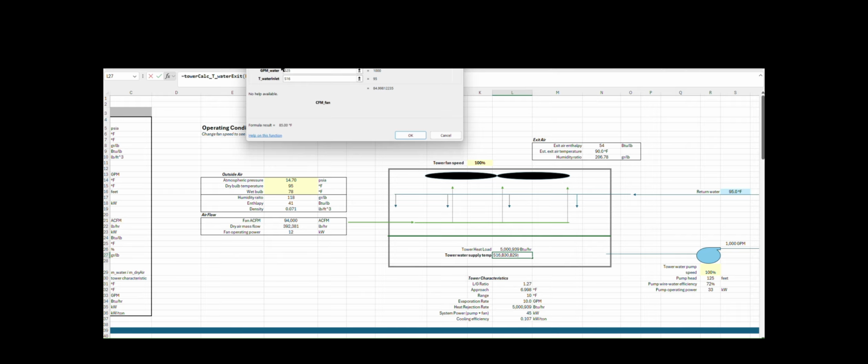And if you take your CFM of outside air times the density, you're going to get a mass flow. You can also take dry bulb and wet bulb and get a humidity ratio. And so that not only tells you your density and lets you calculate your mass flow, but it tells you how much water vapor is in your air. So it tells you your enthalpy as well, which is a critical number that we use.